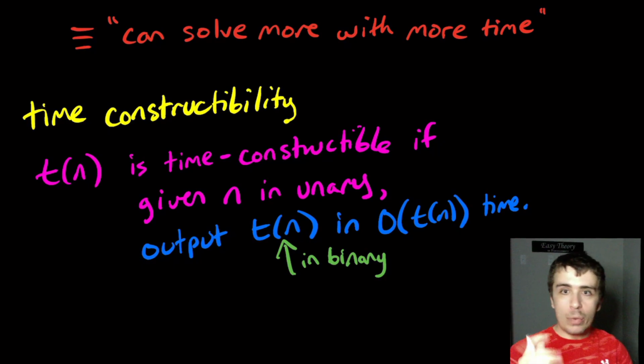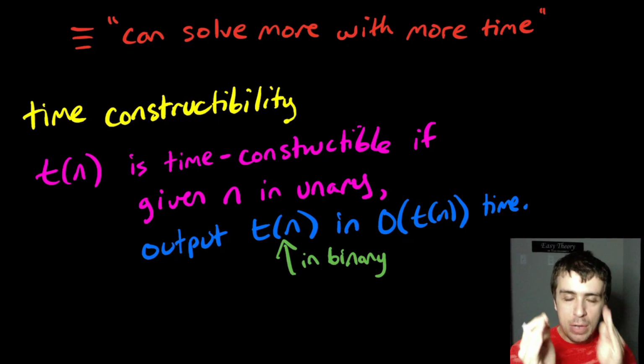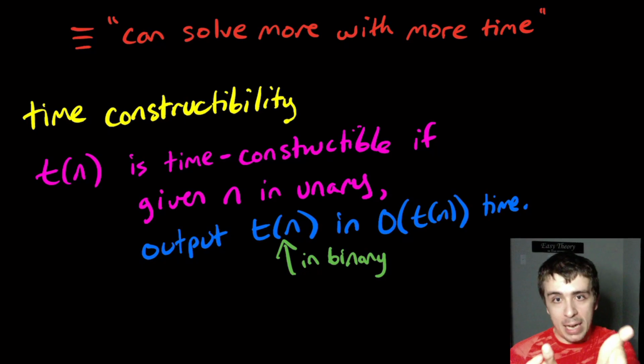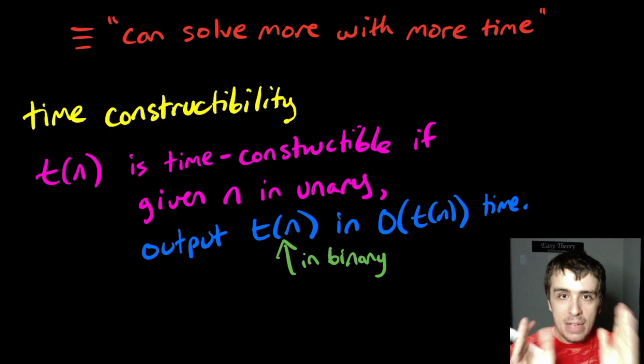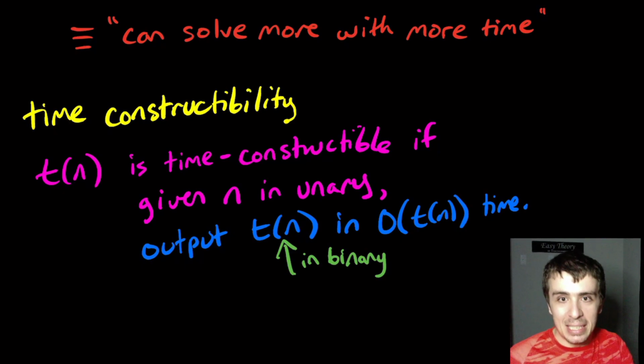Okay, so the reason for this is we want to be able to store the counter in a very small amount of space. And if you have any base that's 2 binary or bigger, then it's going to be logarithmic in the size. And if you have it in unary, it's equivalent to the size.